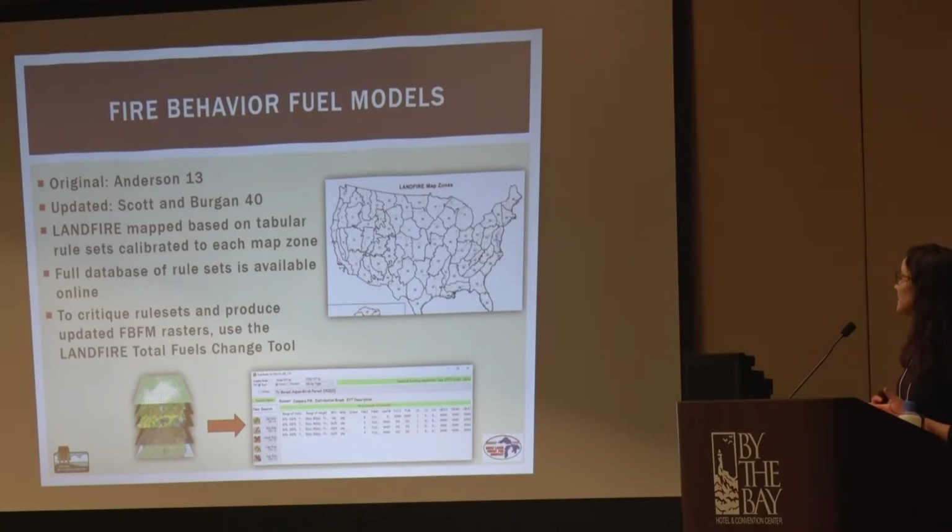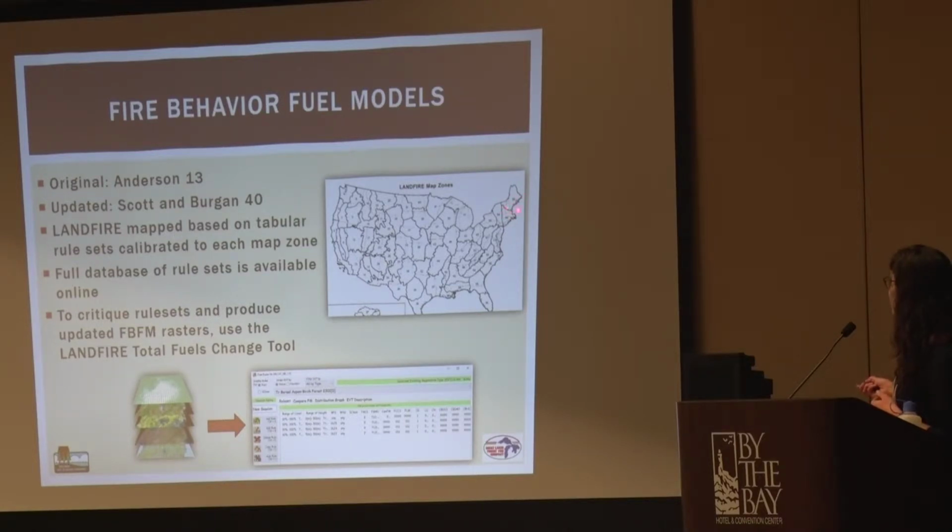For these fuel model data sets, again, they're based on tabular rule sets, based on a combination of different vegetation types, cover and height. They assign a fuel model. And the rule sets are consistent within a map zone. I'm showing the LANDFIRE map zones on this map. Where we are now, this map zone is all of Maine plus almost all of New Hampshire.